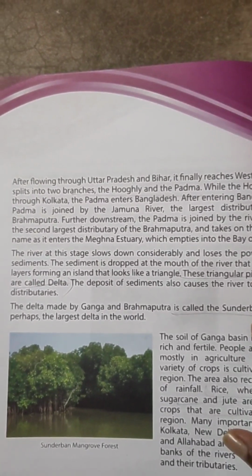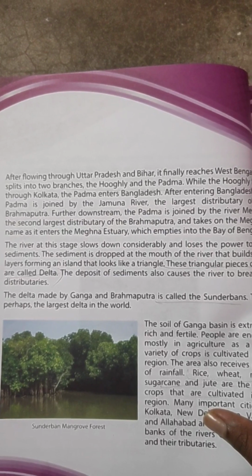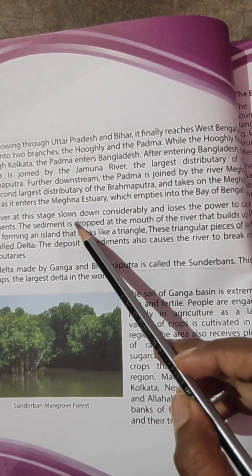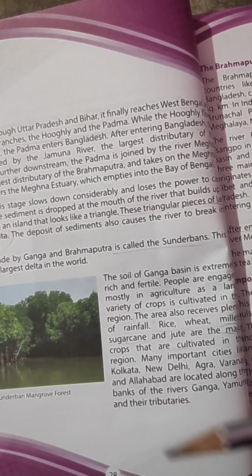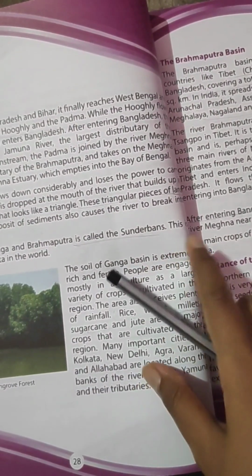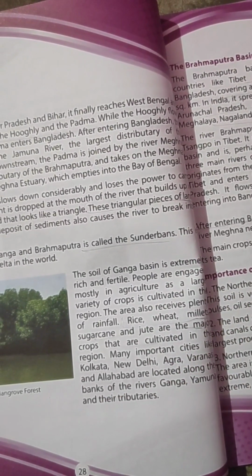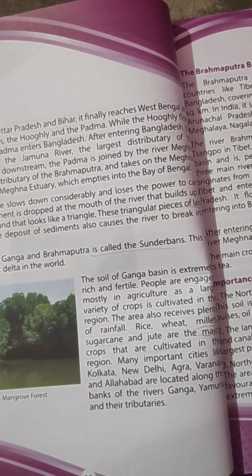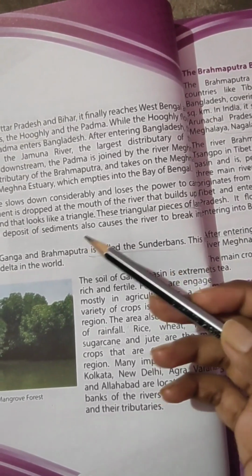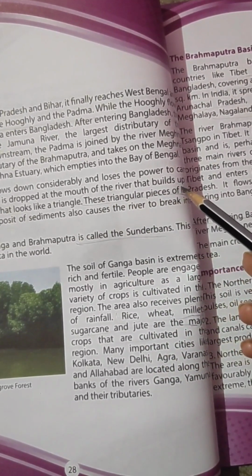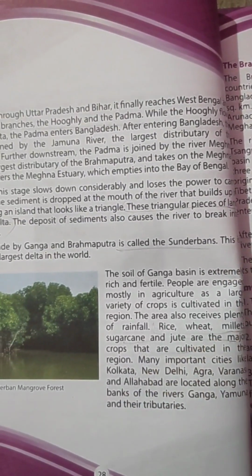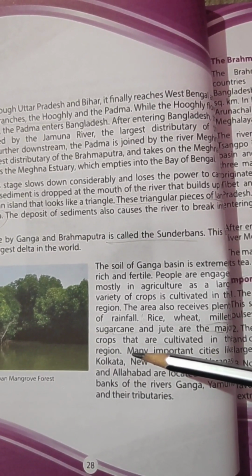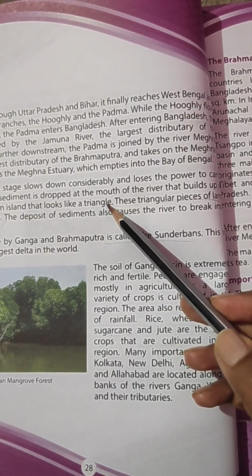Then there is a very important topic which is called delta. See, the river at this stage slows down and loses its power to carry the sediment, and the sediment is dropped at the mouth of the river and builds up in layers, forming an island that looks like a triangle.